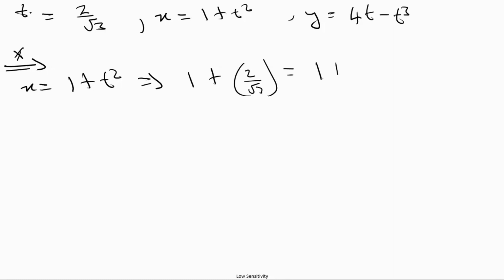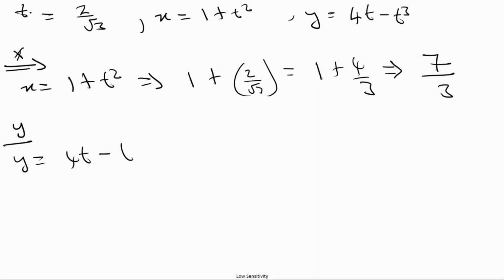Therefore, it's 1 plus 4 over 3, which we can simplify to 7 over 3.